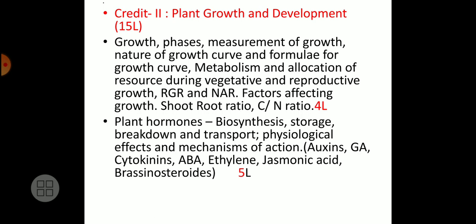How the use of plant hormones affects the mechanism and growth of the plant. For example, we have to learn about auxins, gibberellic acid, cytokinins, abscisic acid, ethylene, jasmonic acid, brassinosteroids.